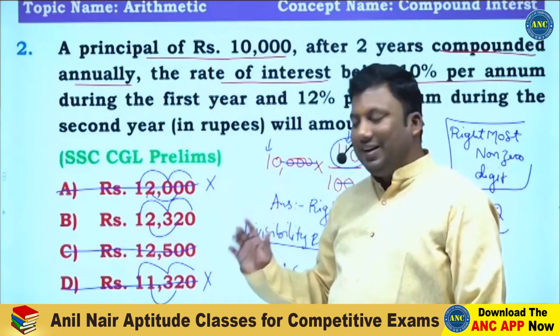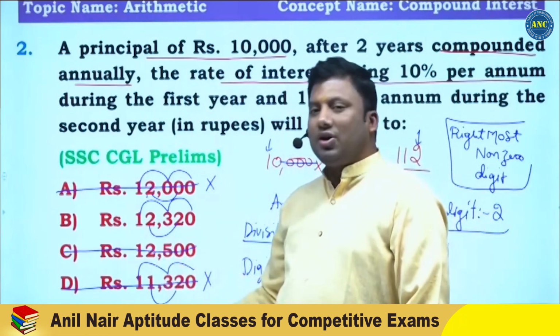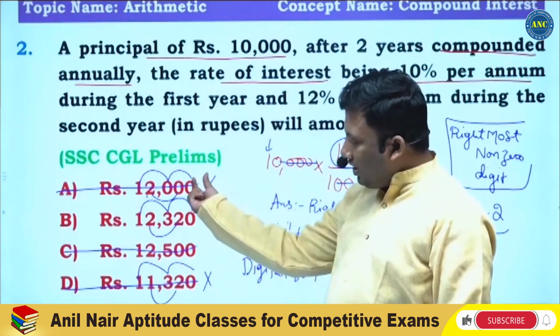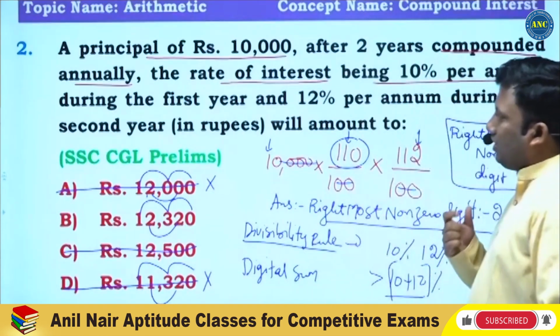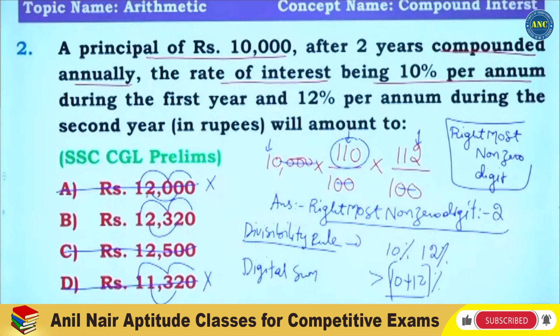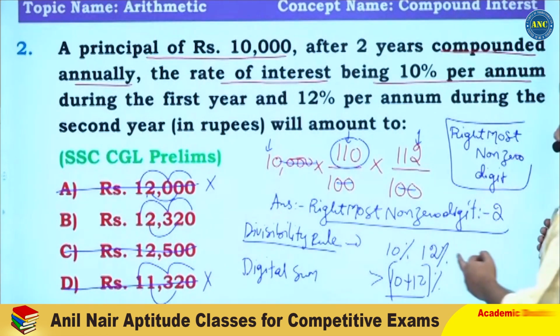I hope the idea is clear. These were eliminated because of the rightmost non-zero digit. I got three options. Even with successive change, first year 10, second year 12, CI is always greater than SI.